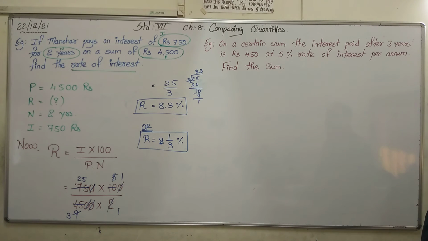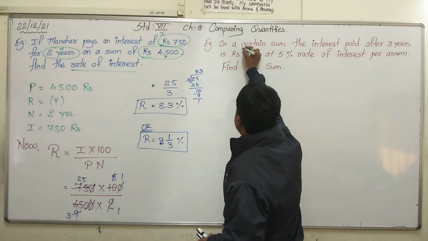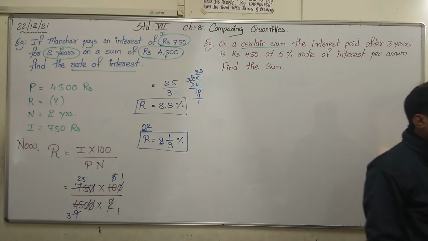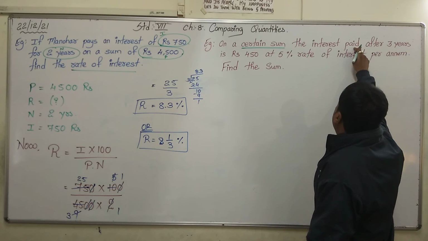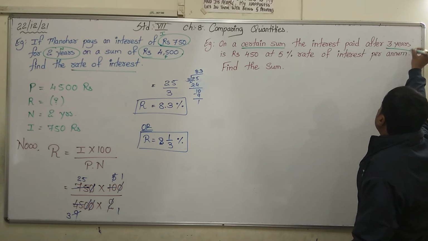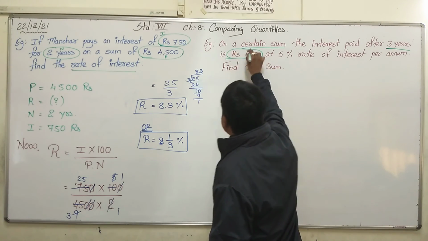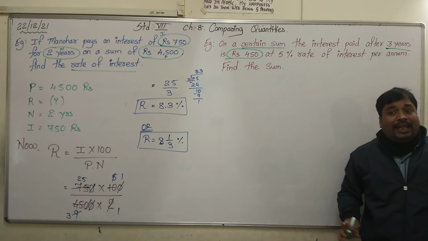On a certain sum. What is said? On a certain sum. Certain means unknown. We are not familiar about the sum. The interest paid after 3 years is 450. So what is 450? Interest. It is said the interest paid is.